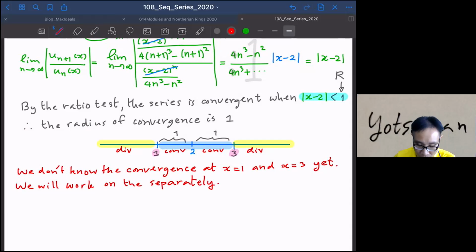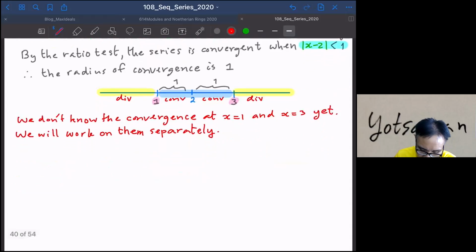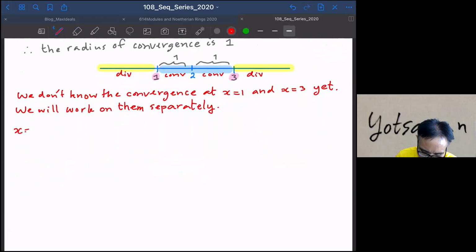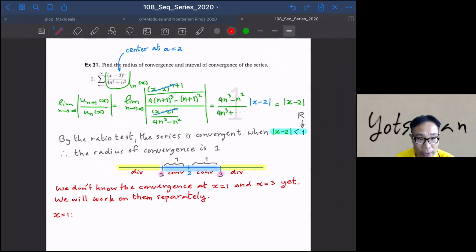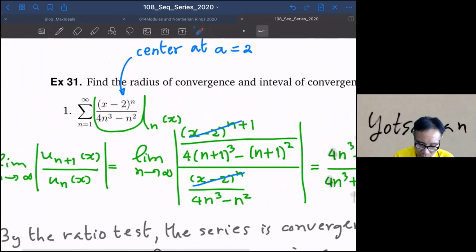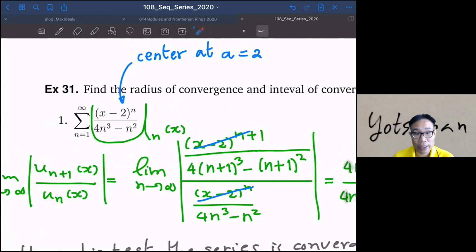Okay, so we will work on them separately. When x is equal to 1, you plug x equal to 1 into the series, so you're going to have 1 here and n stays the same.